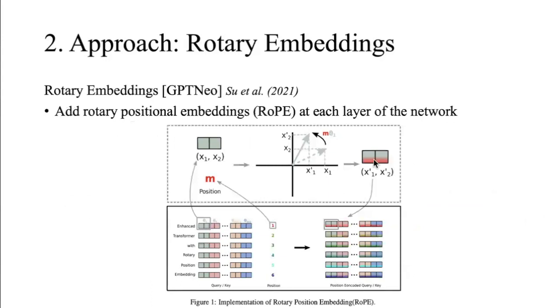And how they apply this is, for all the queries and keys in the attention calculation, they apply this rotation matrix. For example, these are the queries and keys for each of the tokens. You have the query and key matrix, and then you apply the rotation.